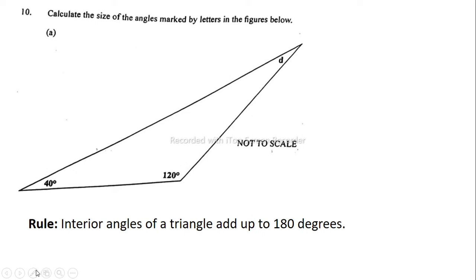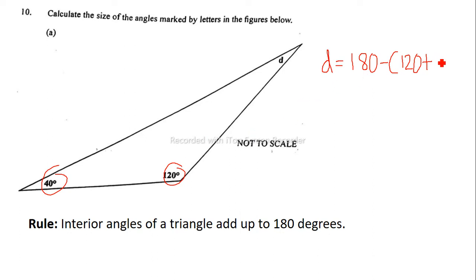So if I want to figure out what D is, D is going to be equal to 180 minus the sum of 120 degrees and 40 degrees.